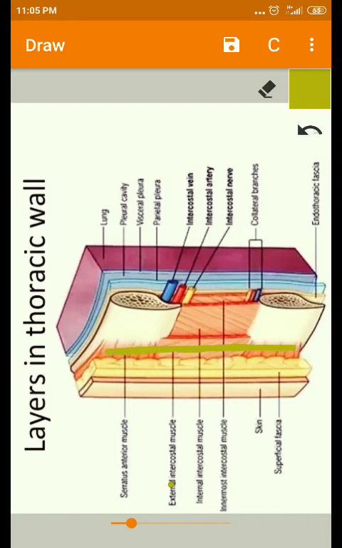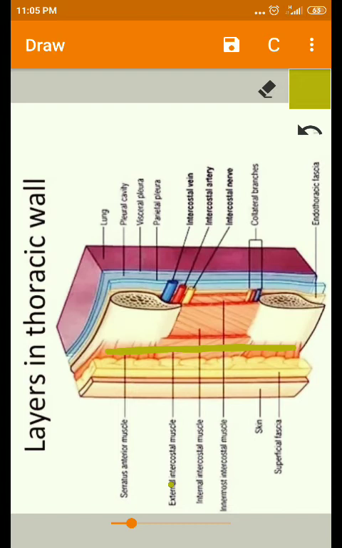So around the thoracic wall, from anterior to posterior, anteriorly you'll have this wall proper. Over that you can see the pectoral region muscles, that is the pectoralis major, minor, and also subclavius, which are all related.